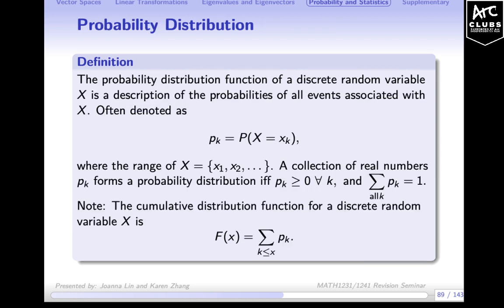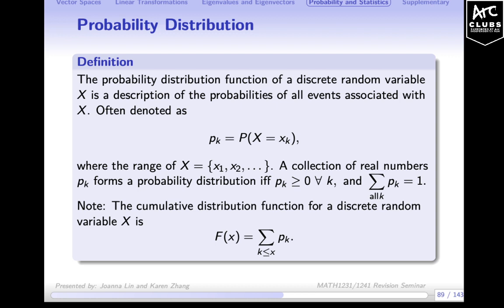So moving on from that, we have probability distribution. So this is just a description of the probabilities of all events associated with x, right? And it's denoted by this here. So p of your variable is equal to a number, essentially, where the range of x is given by x1, x2, and so on.